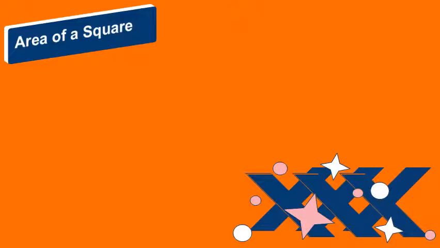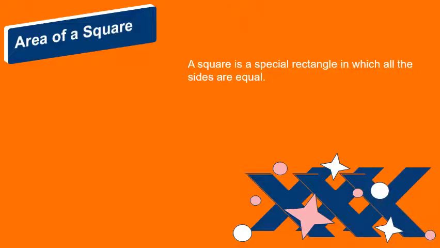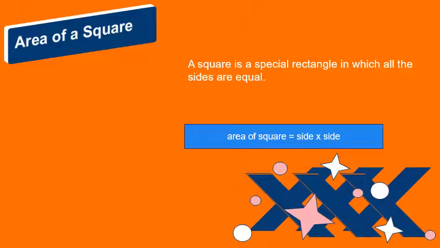Now children, let's come to the area of a square. Children, a square is a special rectangle in which all the sides are equal, right? So, how do we find out the area of a square?